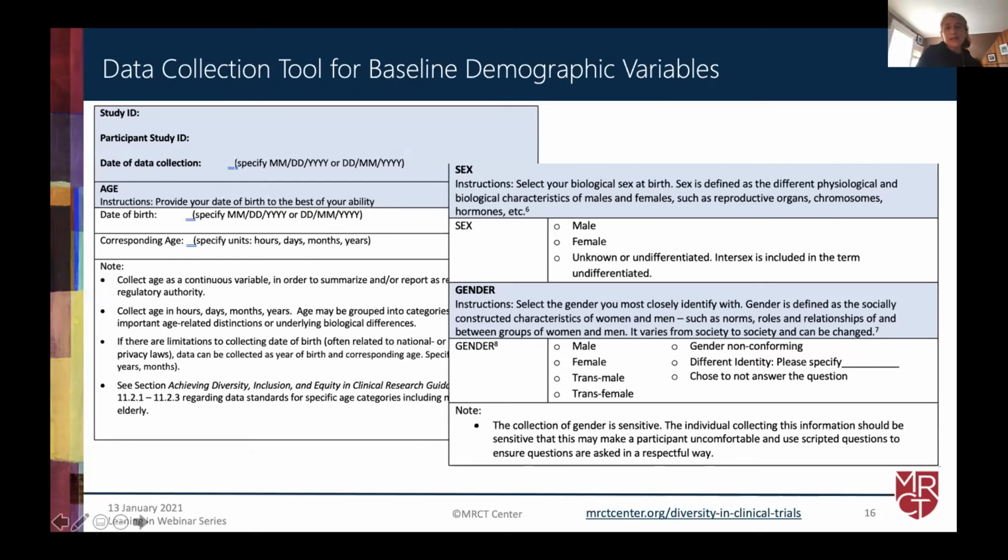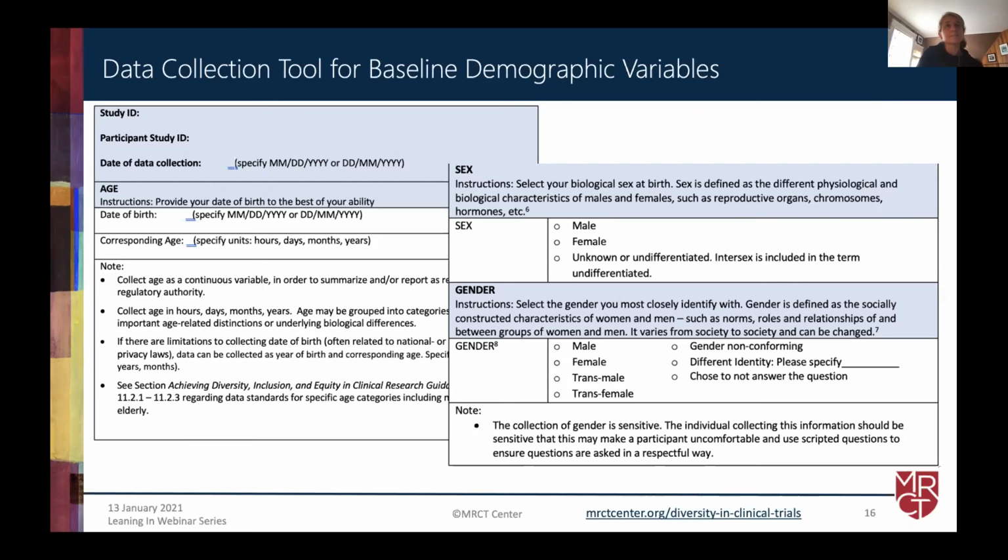We have developed this data collection tool as a template for study designers as well, and it can be used when creating study-specific demographic data collection forms. The tool is largely derived from CDISC, except where noted. It's set up to be modified and used specifically for your protocol, and we've included a set of notes below the demographic variable fields to provide some additional clarity in collecting and categorizing the variables.